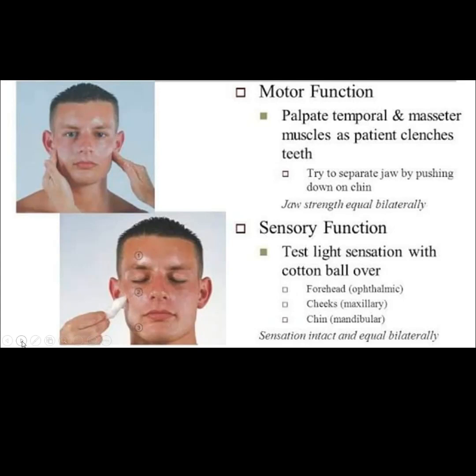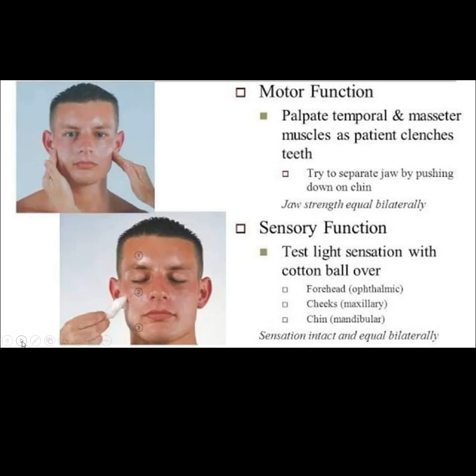So in order to assess the sensory part, you can assess the patient's ability to feel light, dull, and sharp sensations on the face. For example, you can do that over the forehead, the cheeks, and the chin. You can take a cotton ball and touch it on different areas of the face and the scalp, and just see that the person is able to tell you when they feel that sensation.